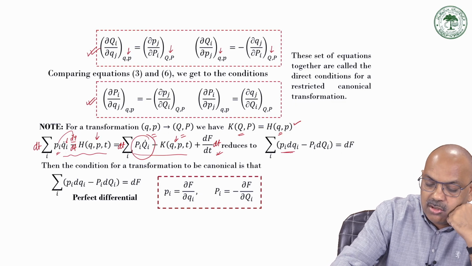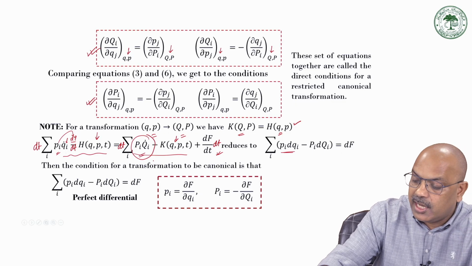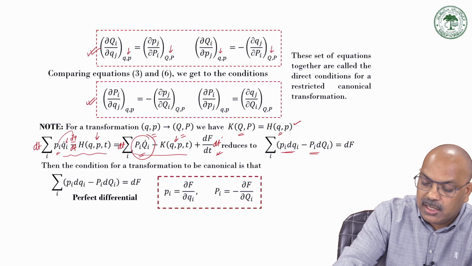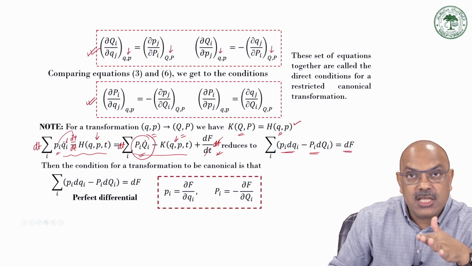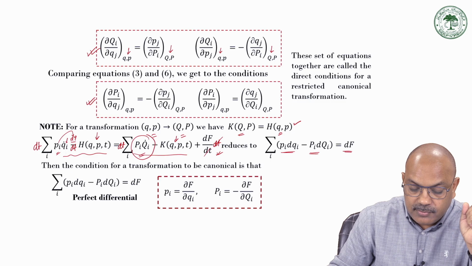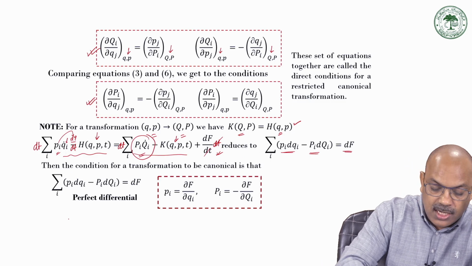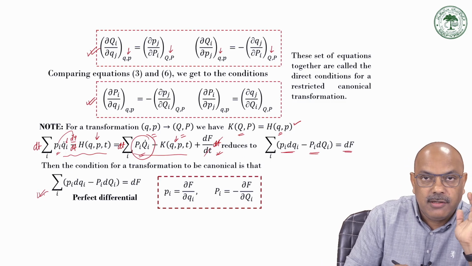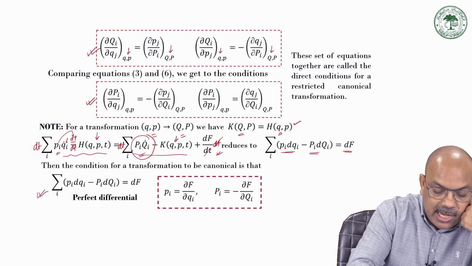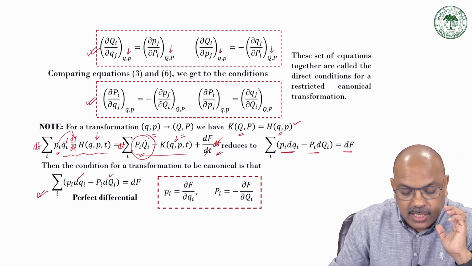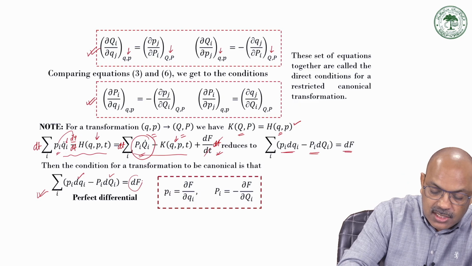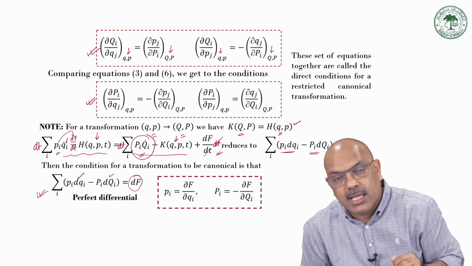So this is p_i dq. Similarly, I'm going to get capital P_i dQ, and this is going to be dF. Okay, so this is another condition, that this is going to be a perfect differential. So if I calculate this p dq minus capital P dQ, and this is a perfect differential, then my transformation is canonical.